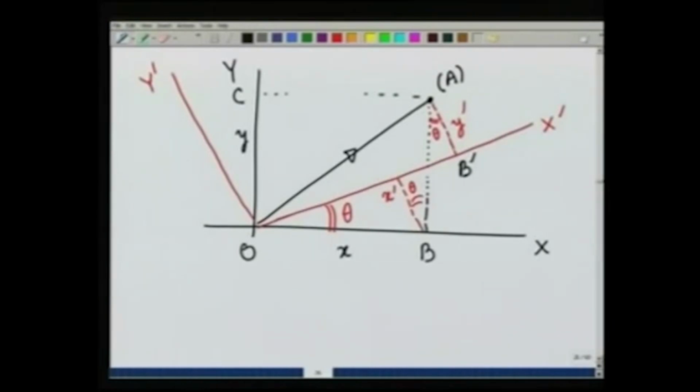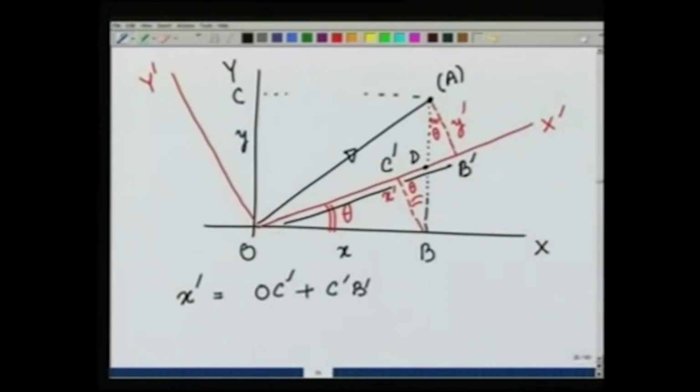Let this point be C prime. So, we see that x prime component is going to be equal to O C prime plus C prime B prime, that is this plus this. And let me also call this point where it intersects as D.